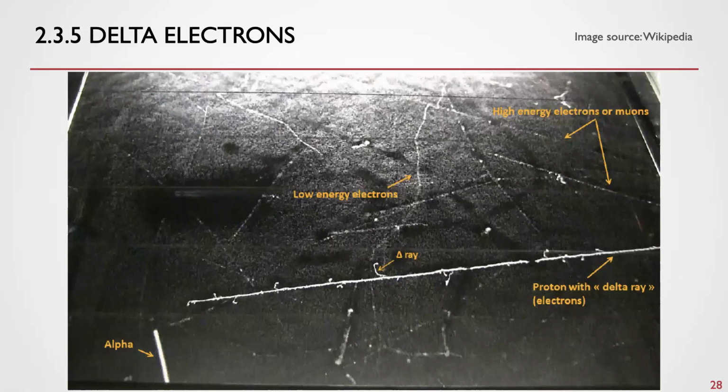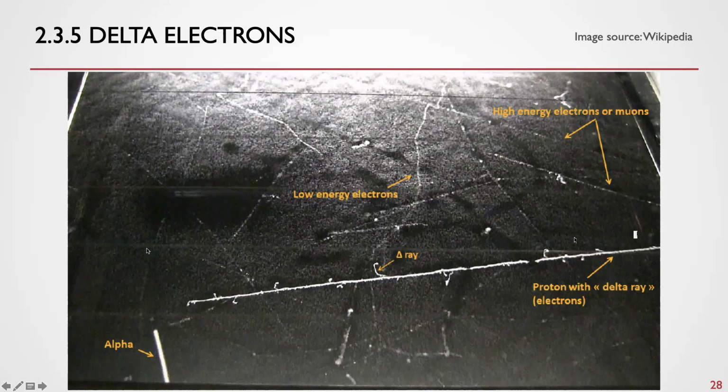Here's an image of what happens. You can understand what I wrote in the formula on the previous slide, with a proton going through, and from time to time you can see it kicks out electrons, and those are then visible in this photographic plate.